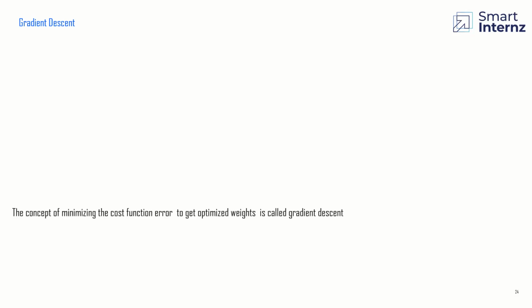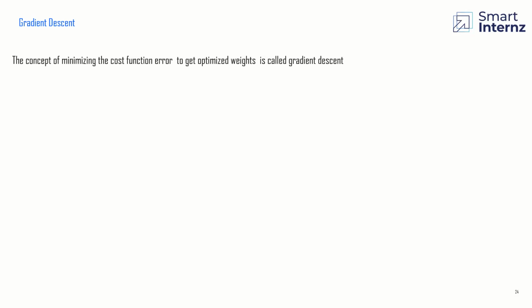The concept is minimizing the cost of error, so we have to optimize the weights. In that case we will use gradient descent to optimize the weights. There are different types: mini batch gradient descent, batch gradient descent, stochastic gradient descent. So different types of gradient descent are available.